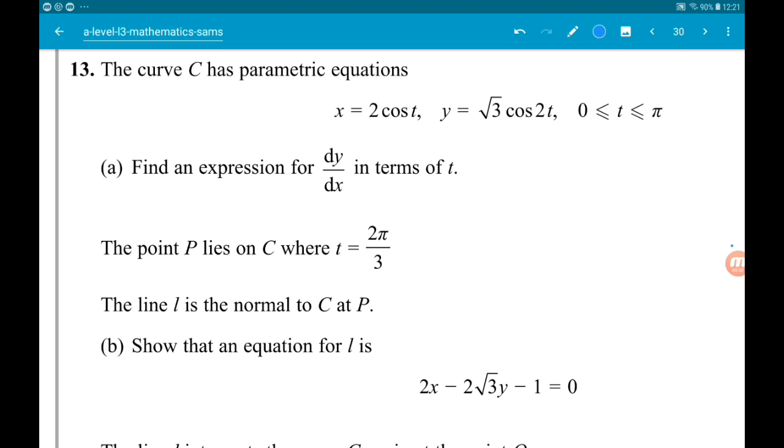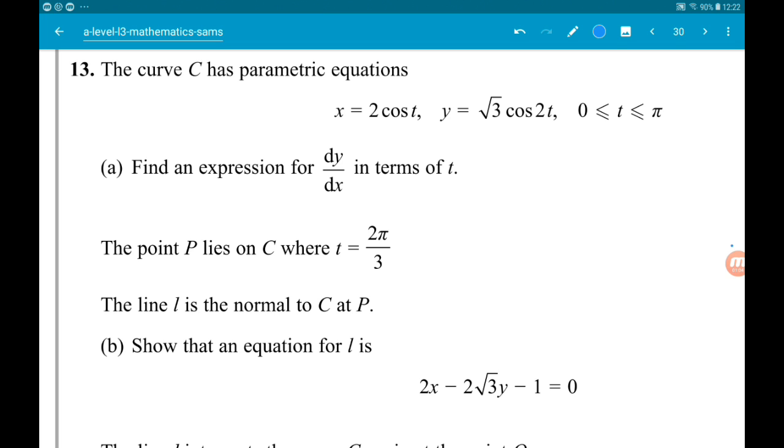Okay. So, let's think about what we need for a normal. We need to know the gradient of the curve at the point. From that, we can get the gradient of the normal. We also need to know the coordinates at the point. And then we can either use y equals mx add c, or y minus y1 is equal to m times x minus x1 to get the equation.